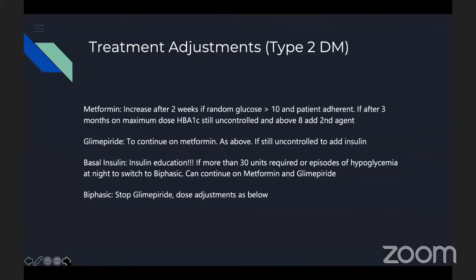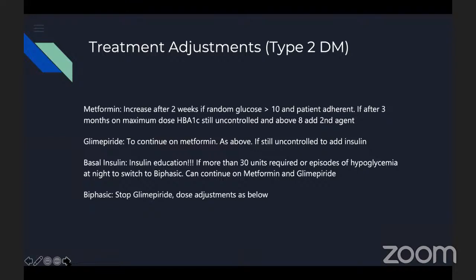Yes, you can go into the next slide. Thank you. So for the treatment adjustments, I won't go into all of it in detail. You can just read it on the slides. But basically, an example for the oral agents is metformin: you can usually start patients on 500 milligrams daily, or BD.